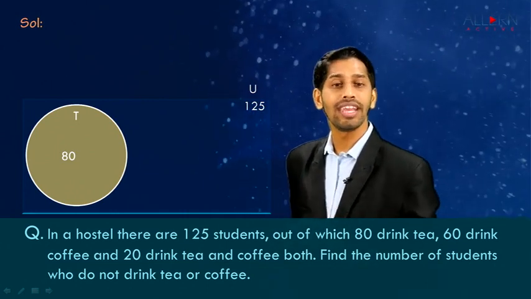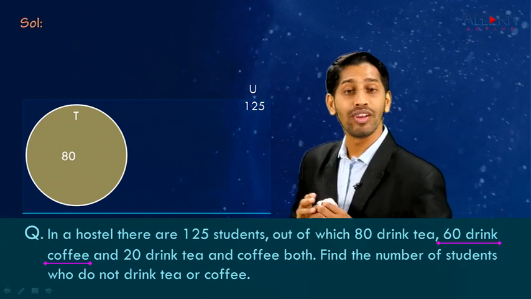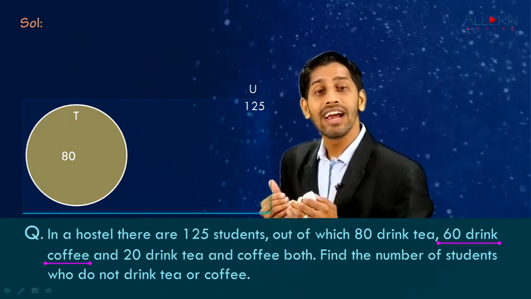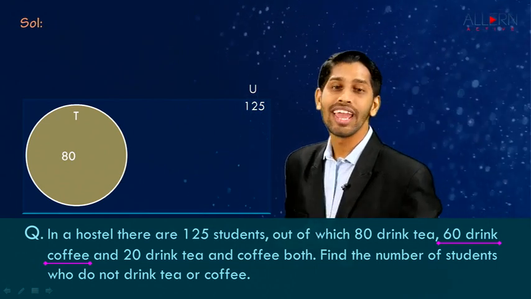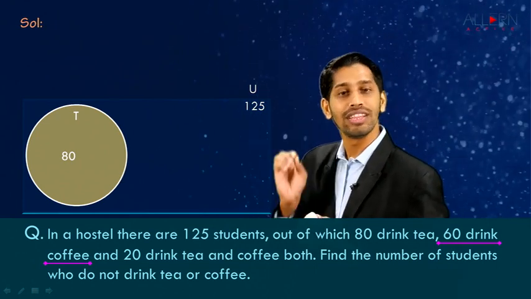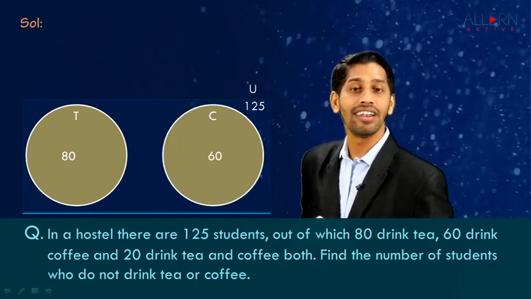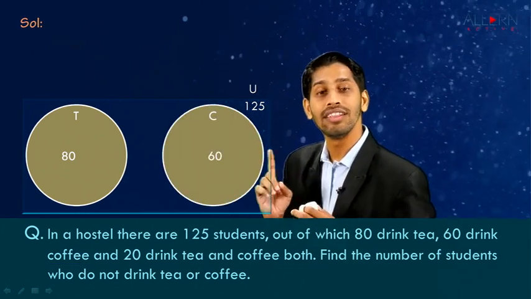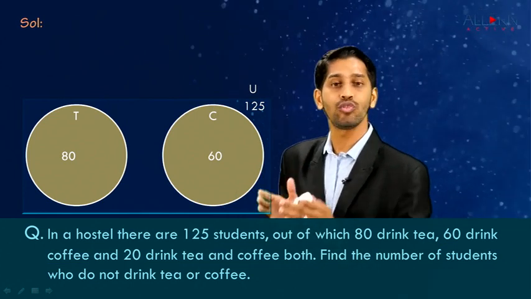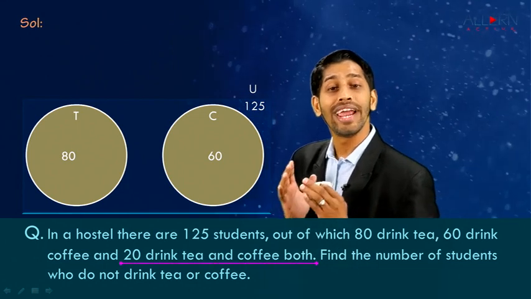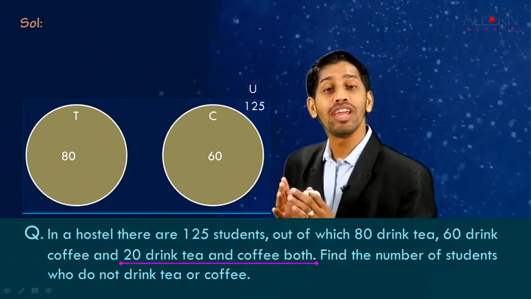Further information given is 60 drink coffee. That means we need to draw one more circle representing students who drink coffee, and we will denote that set with the initial letter, that is C, and we write the number 60 inside that circle, because 60 students drink coffee. One more information given to us is 20 drink tea and coffee both.